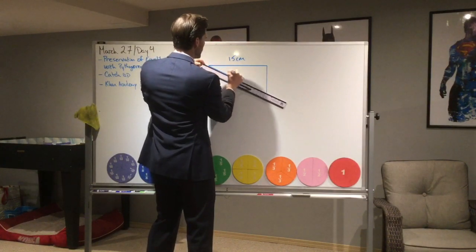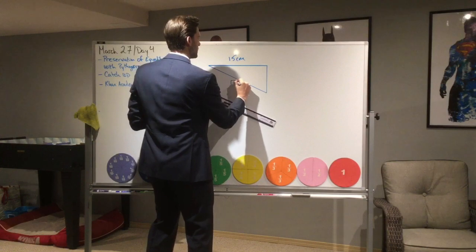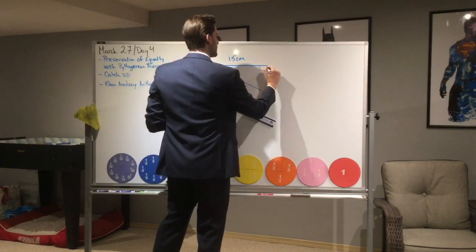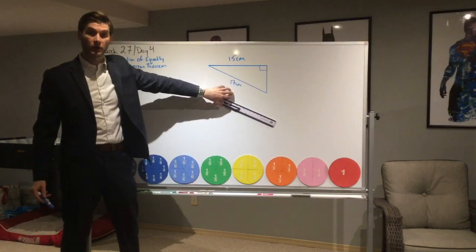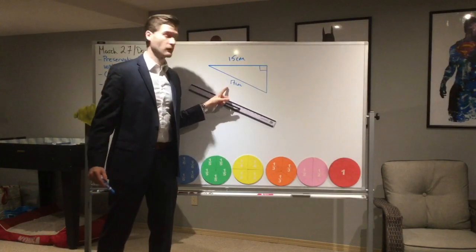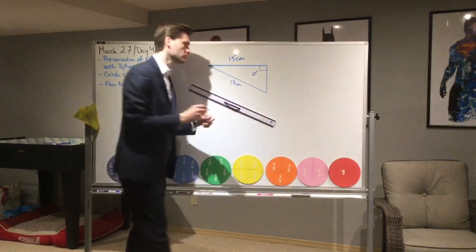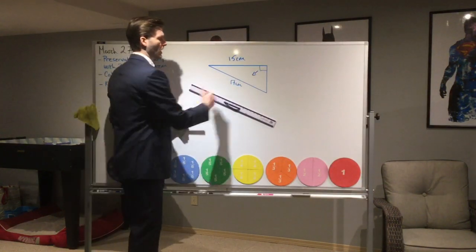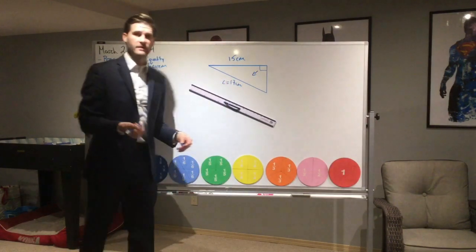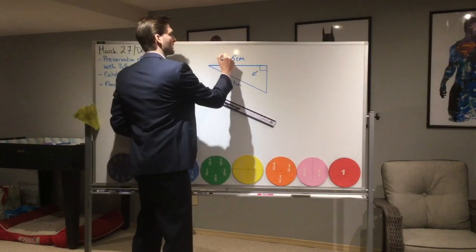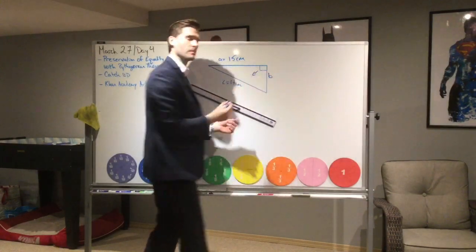And let's say we did know that this side was 17 centimeters. Now, we need to remember that this is always the hypotenuse, the side that is directly across from that 90-degree angle. So we know that the hypotenuse, or C, is 17 centimeters. We can say that A is 15 centimeters, and we're not sure what B is.